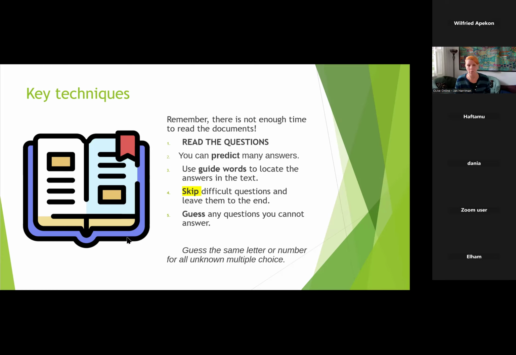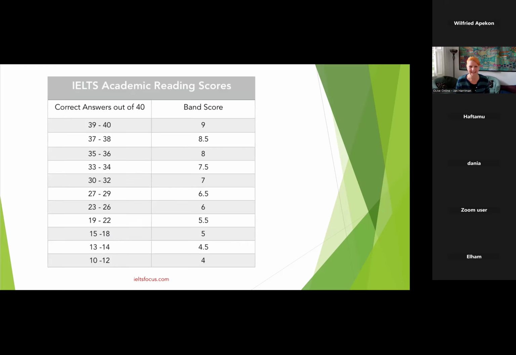So now, why do I say skip the difficult questions and leave them to the end? Well, for this reason. How many questions do you need to answer in order to get the mark you need? What's your mark?